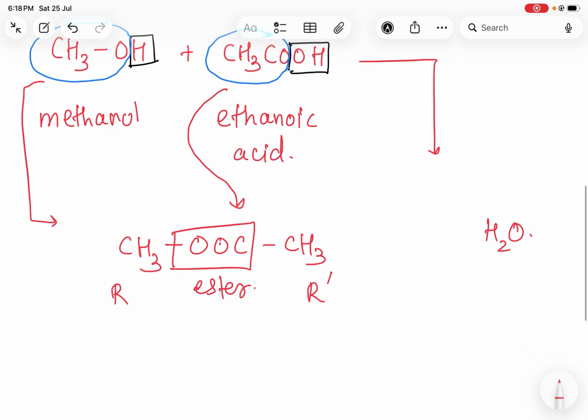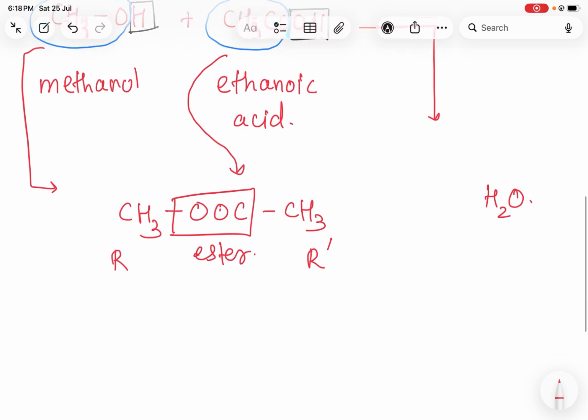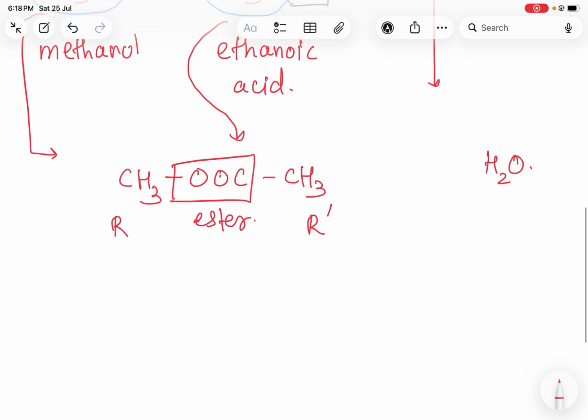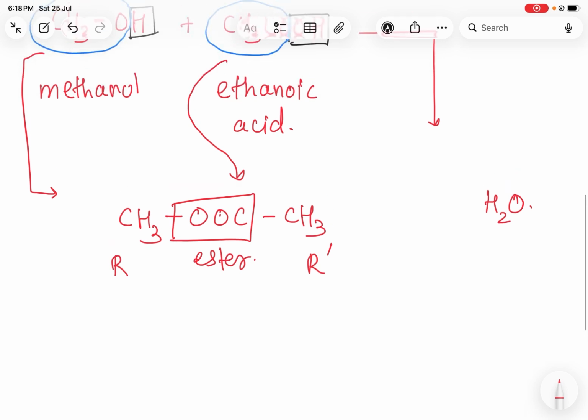So how are we supposed to name this compound? The name first has the alcohol followed by the carboxylic acid. If we go alphabetically, alcohol A comes first and carboxylic acid comes next. The alcohol which I have used here is methanol, which gets converted to methyl.